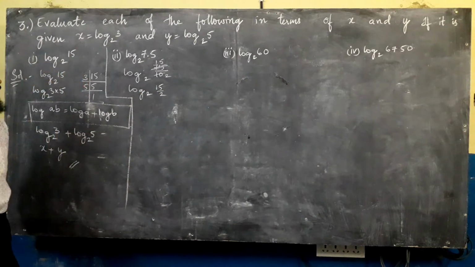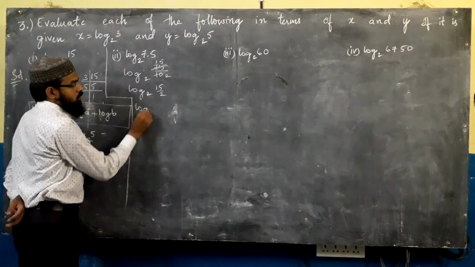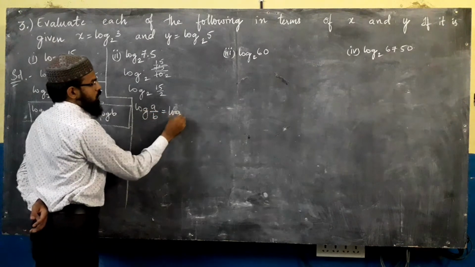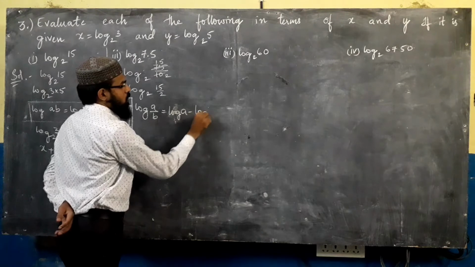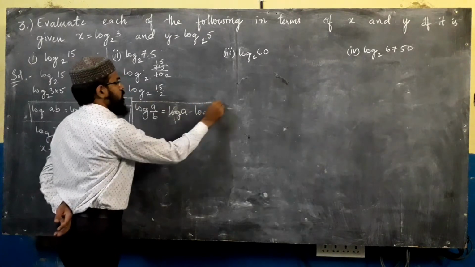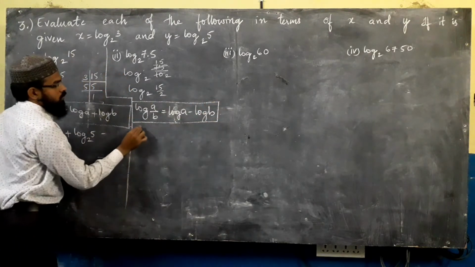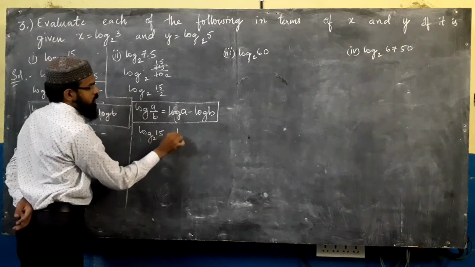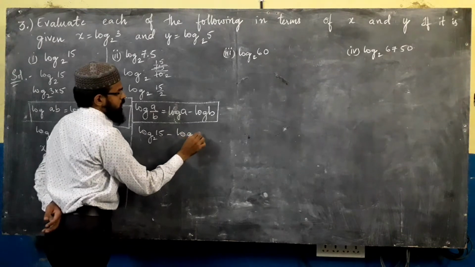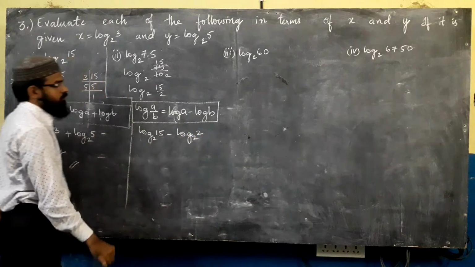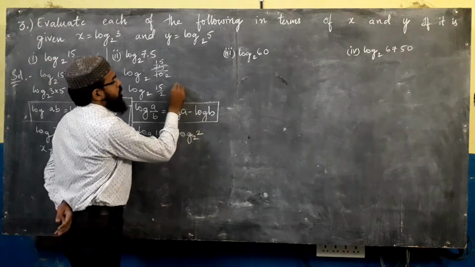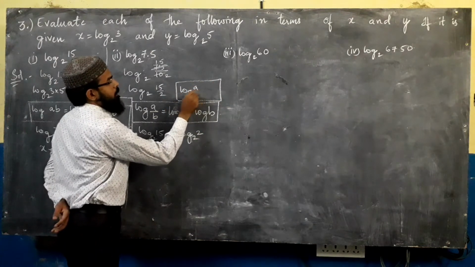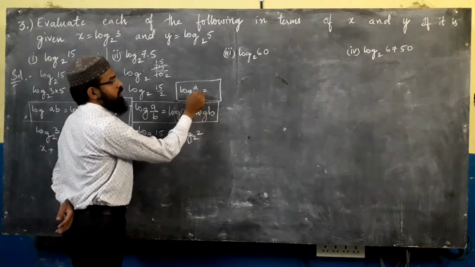Again, we are going to use another formula, that is log A by B is equal to log A minus log B. Log 15 base 2 minus log 2 base 2. Here the formula which I am going to use, log A base A is equal to 1.